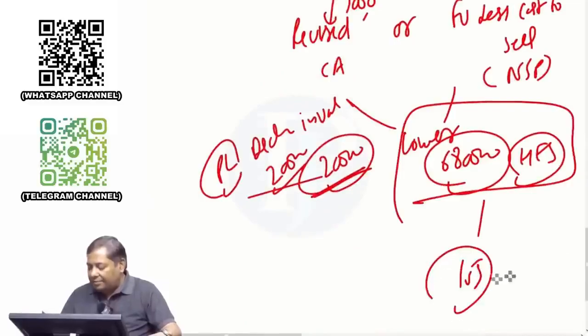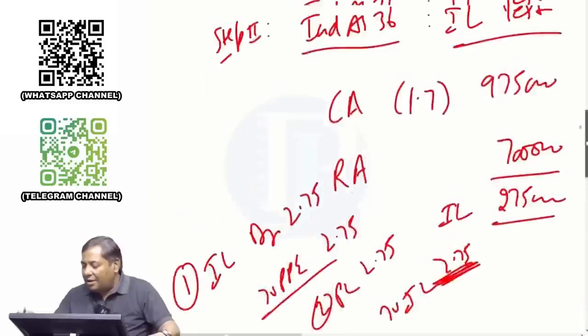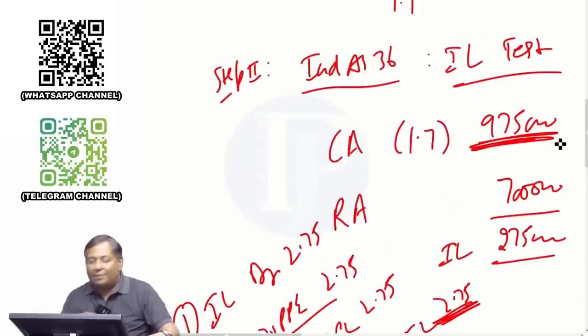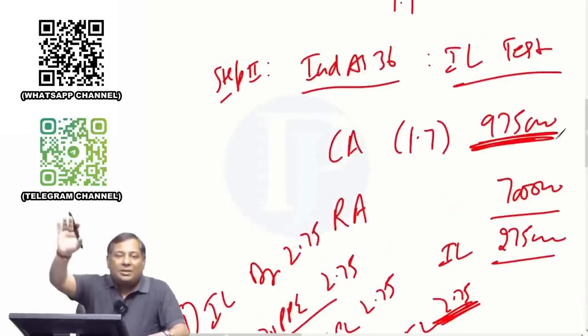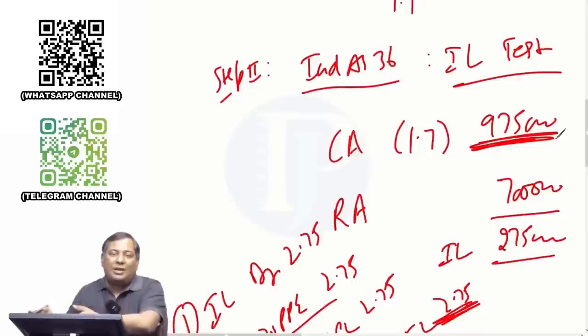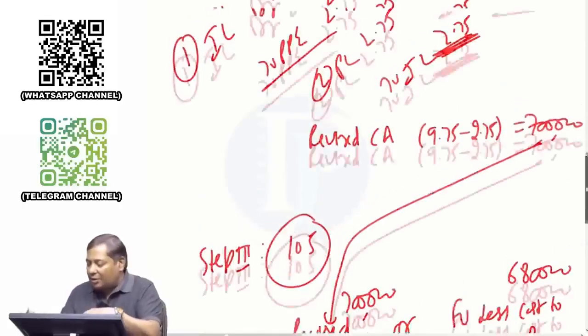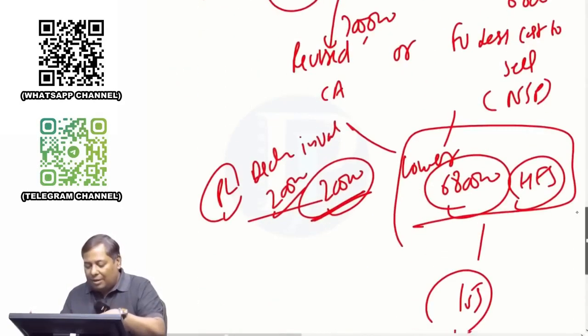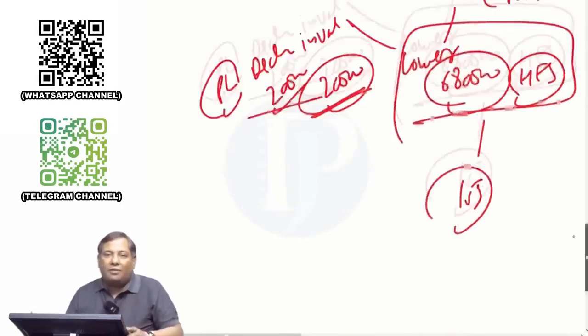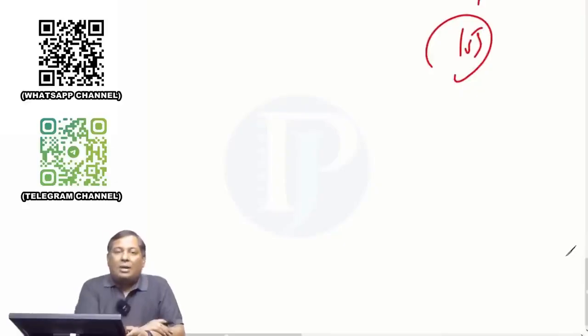So where did we start from? We started from 975. With a 25 depreciation, the value of 975 becomes 680. You write off the loss twice. The first time you write off the loss as 2.75 and the second time it's 20,000, total 295. I taught you this, okay.